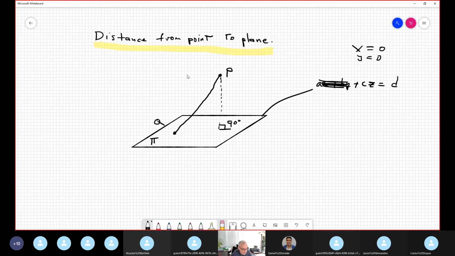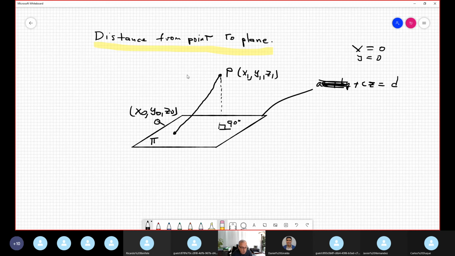And you determine the vector between two points. The vector between two points. Suppose at this point, we have, I don't know, x1, y1, z1. At this point, the coordinates are x null, y null, z null.